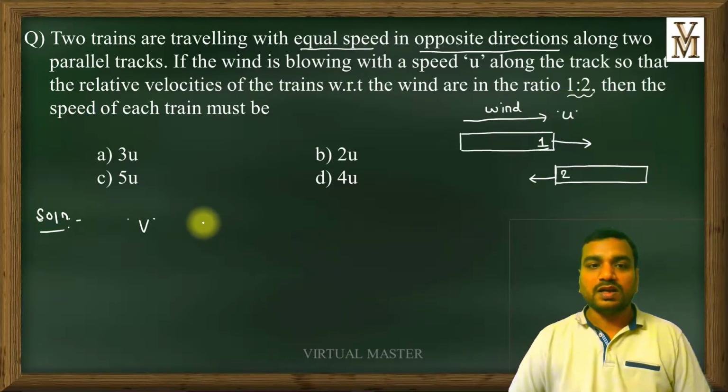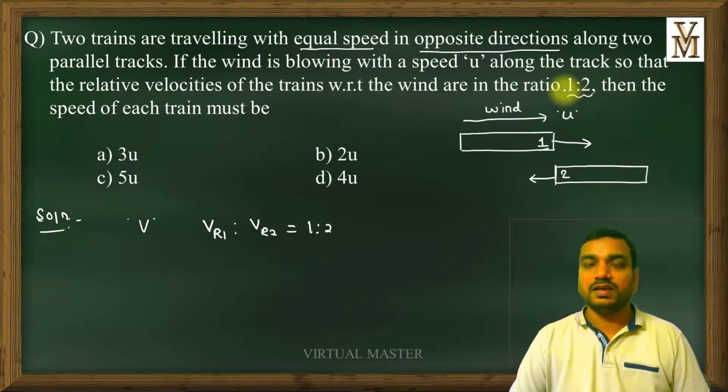Let us call relative velocity of train 1 with respect to the wind as VR1 and relative velocity of train 2 with respect to the wind as VR2, and it is given that VR1 is to VR2 equals 1 is to 2.